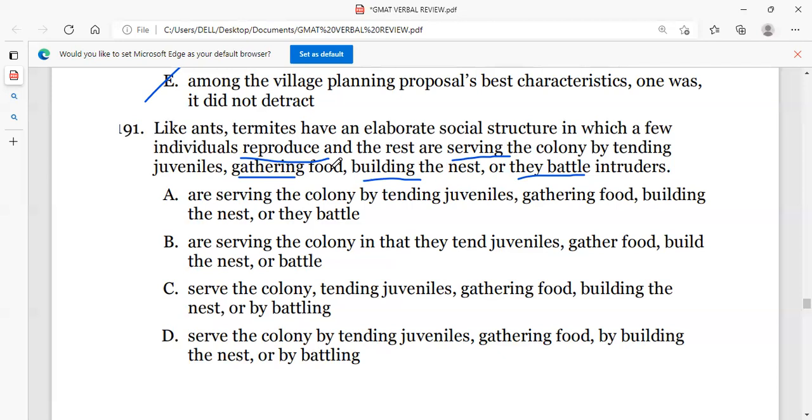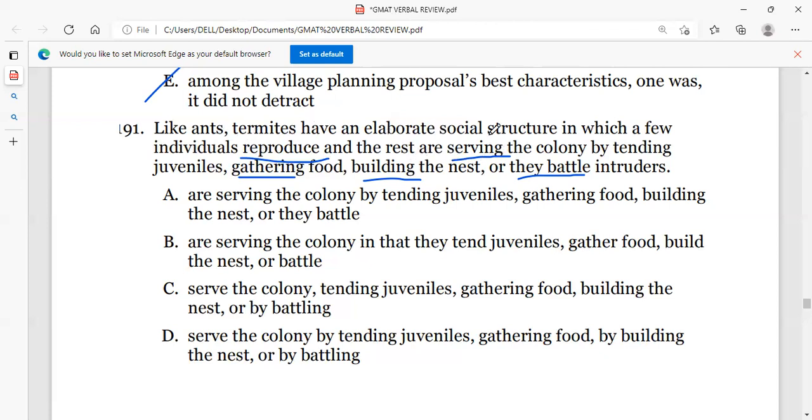Okay, so I said that this is something that will happen. Reproduce, serve. Reproduce is simple present, right? So what is the work of simple present? Sun rises in the east. So it is something which is a universal truth. This happens, this continues to happen. There is no stop to it. If you look at reproduce, this is simple present, universal truth.